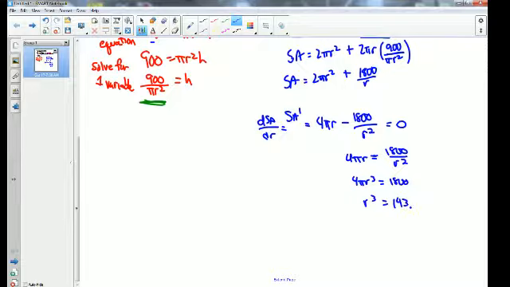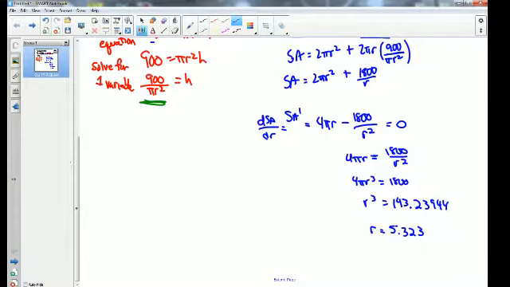143.23944. Okay, and then the cube root is 5.323. Okay, that's probably going to be our minimum.